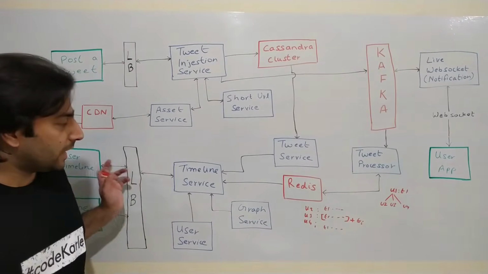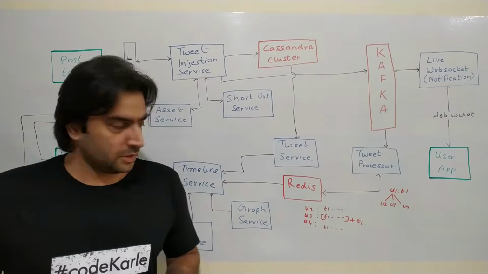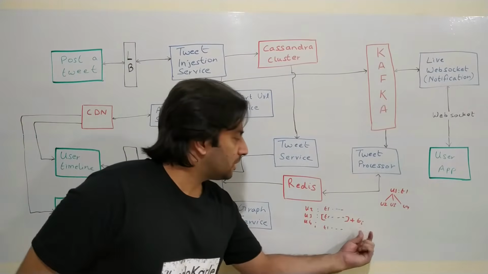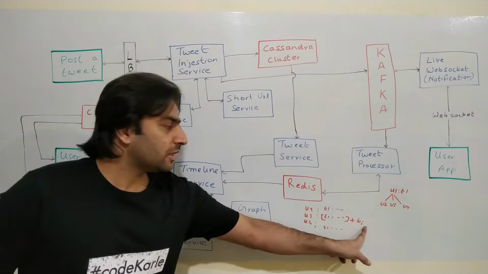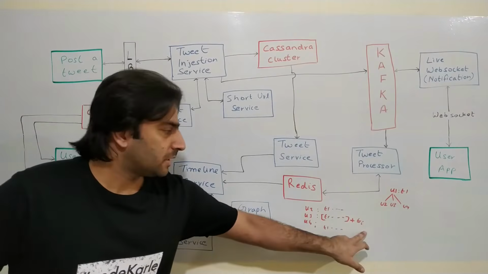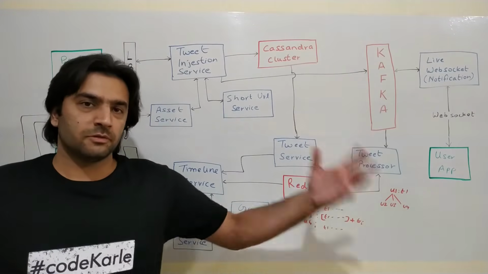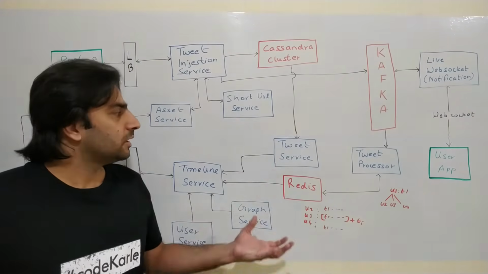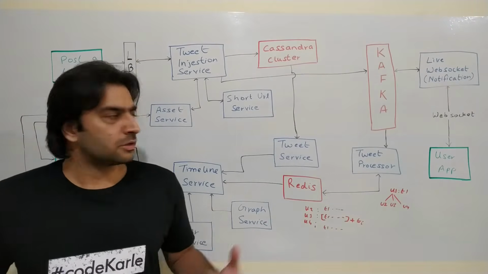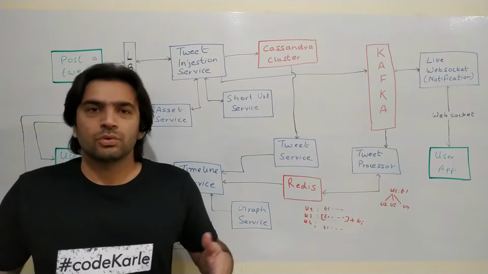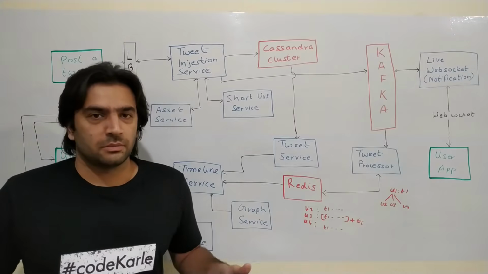Now the next time we get a request from the same user, the timeline service looks at this timestamp. If the timestamp was probably 5-10 minutes before, then it can again query the tweets of some famous users from the tweet service, because those could have tweeted again in the last 5-10 minutes, right?